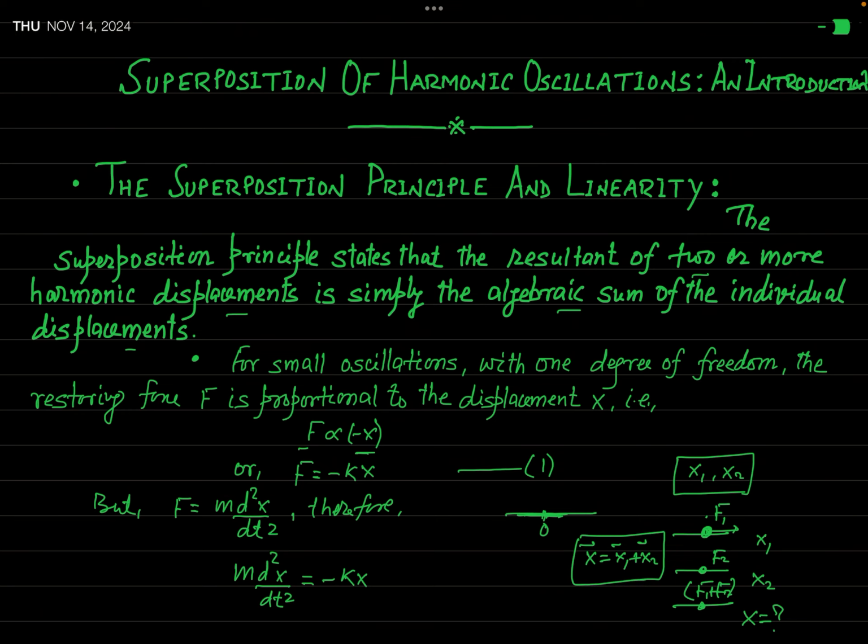So in the case of a small oscillation with 1 degree of freedom, the restoring force F is proportional to the displacement x, and it always tends to decrease x. It means the force has a tendency to bring the oscillator to the equilibrium position, or the mean position.